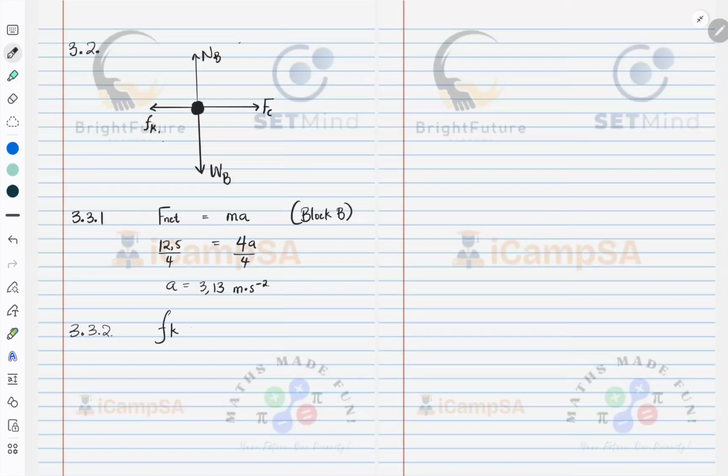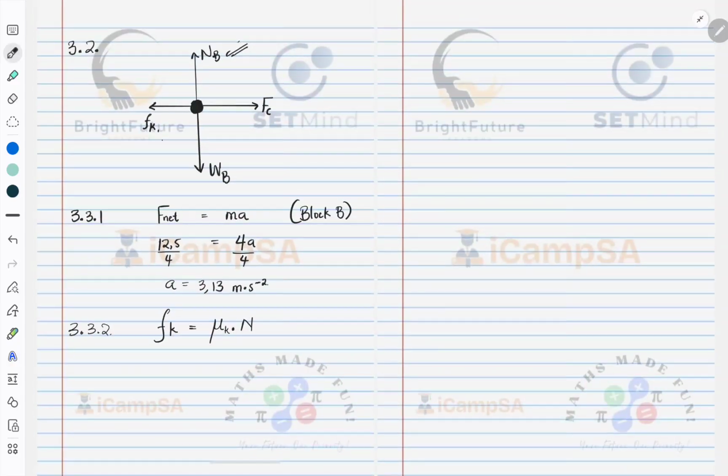Fk is mu k times the normal force. Along our vertical axis we only have two forces, the normal force and the weight. So the normal force is simply equal to the weight, which is just mg.